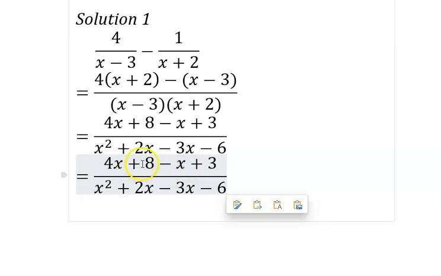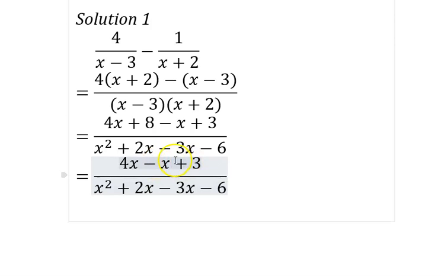Let's bring them together. So now I have 4x minus x, this is it. So we have plus 8 and plus 3. It's just a rearrangement. Let's do that here at the denominator as well.